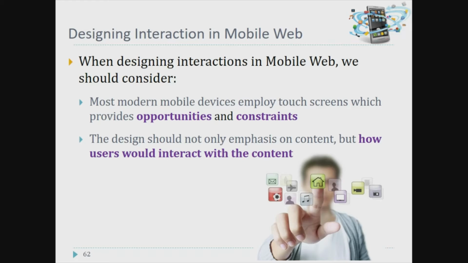Most mobiles give the user the ability to select using the touch screen, and this gives opportunities and constraints to the developer when you want to develop a mobile web application. Second, the design should not only emphasize the content but how the user will interact with the content itself.